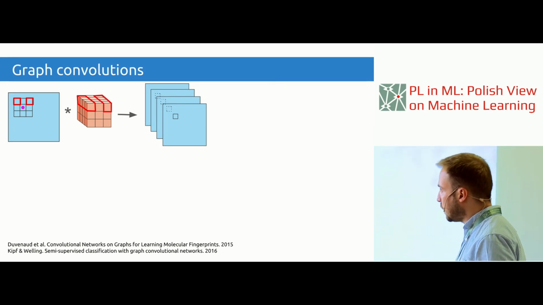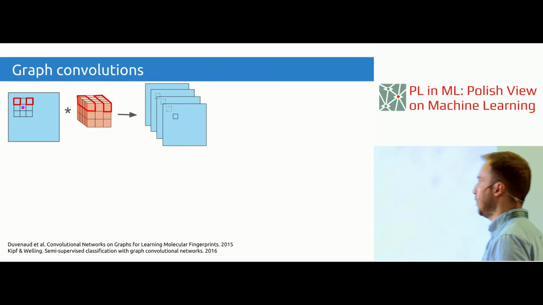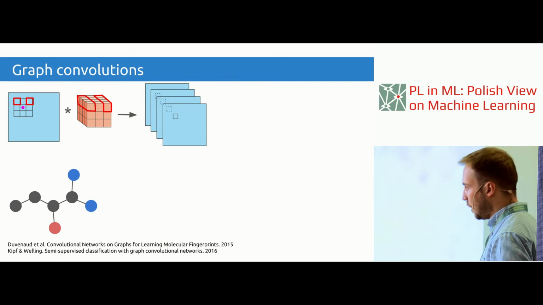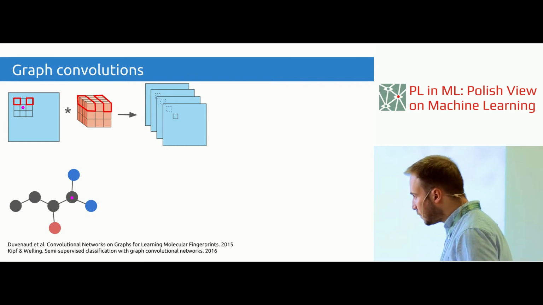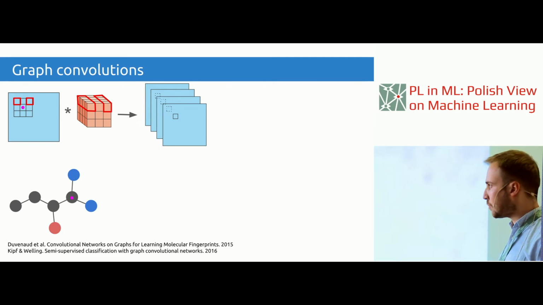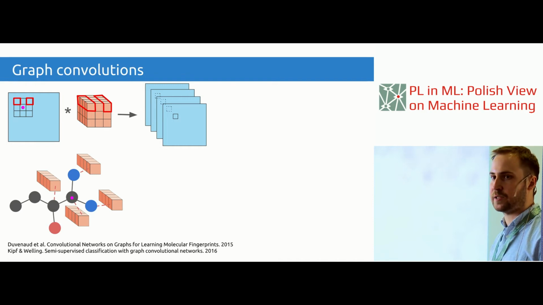Of course, the neighboring pixels have their own sets of weights associated with them, and so on. And now let's take the graph, and also highlight some central node in the graph. You can do the same. You can associate a set of weights with each of the neighboring nodes, and of course with the central node.